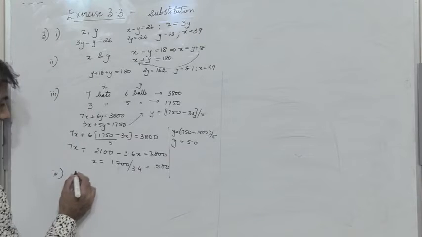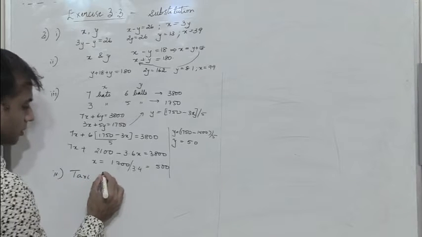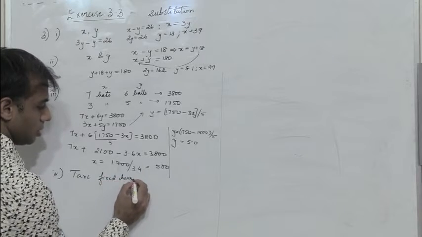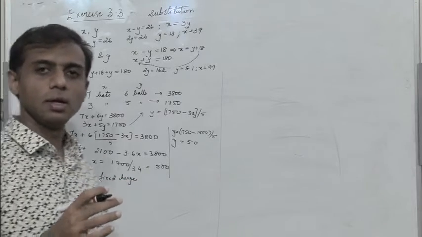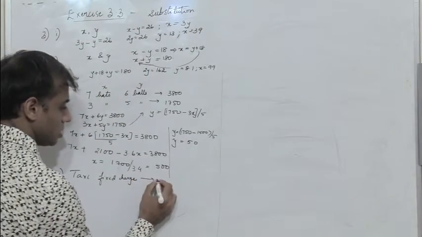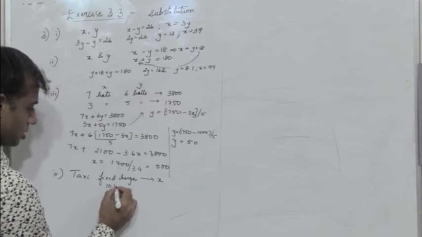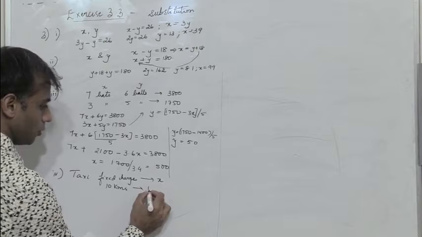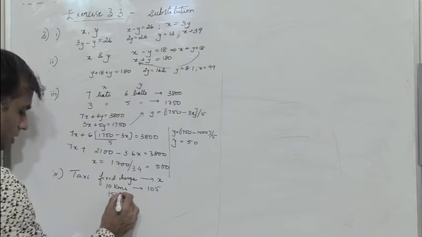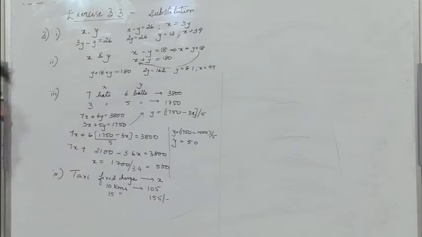So the next problem, so two people use a taxi and the taxi has a fixed charge. It's like a minimum charge, right? So whatever distance you travel, the taxi always has a fixed charge. So let this fixed charge be x rupees. Okay? So the first person travels 10 kilometers and pays a total of rupees 105, and the next person travels 15 kilometers and pays an amount 155 rupees.